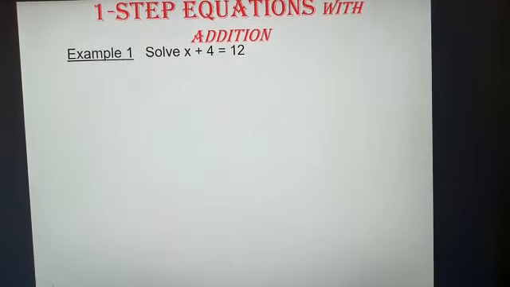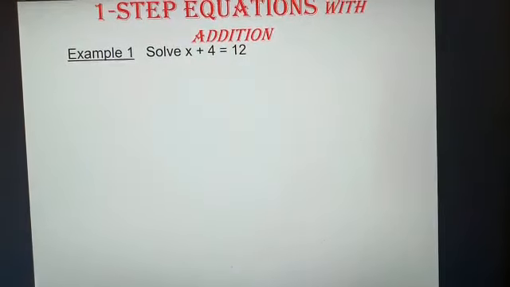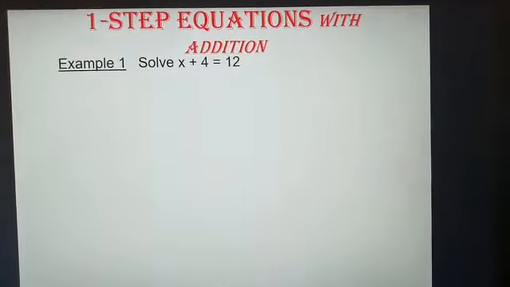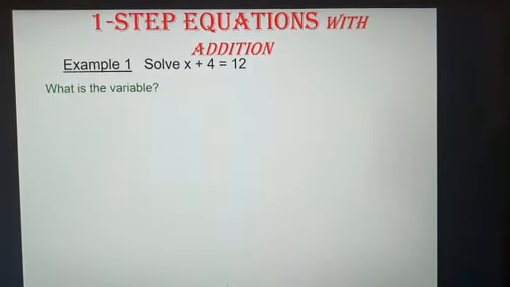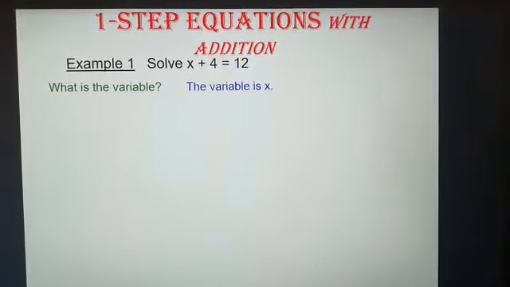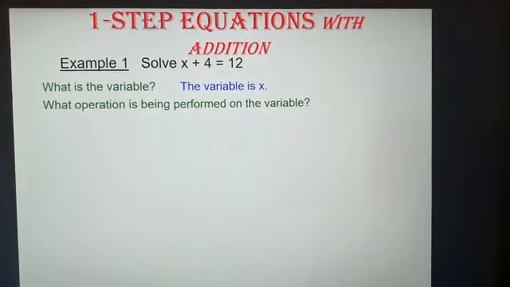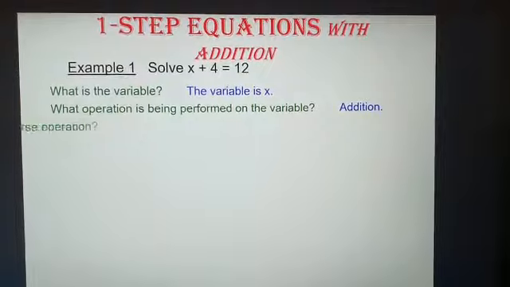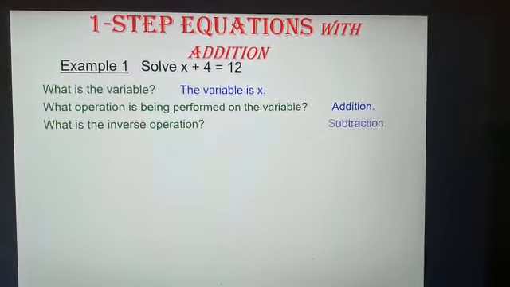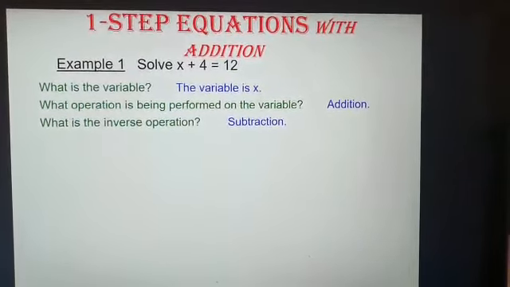Okay. So what are the questions we have to ask ourselves? What is the variable? The variable is x. What operation is performed on the variable? Addition. So what is the inverse operation of addition? Subtraction. Excellent.